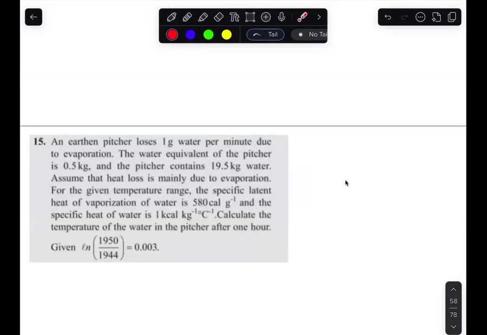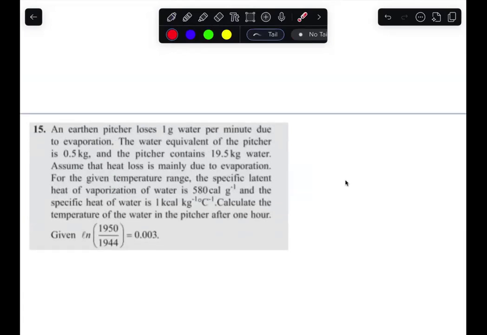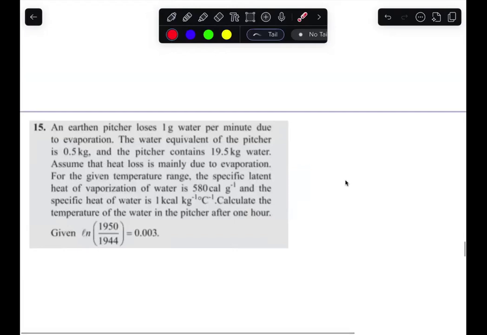15th question. Earthen pitcher, or our pot, Indian pot, loses 1 gram water per minute due to evaporation. Water equivalent of the pitcher is 0.5 kg. Pitcher contains 19.5 kg water. Assume that the heat loss is mainly due to evaporation for the given temperature range.